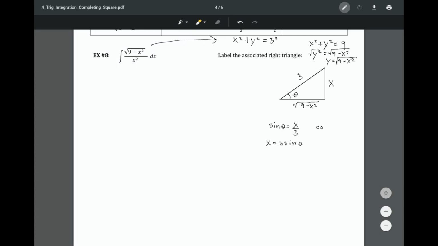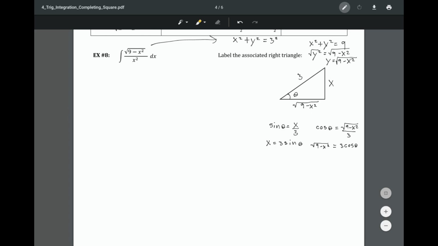The cosine of theta is equal to the adjacent over the hypotenuse. So if I multiply both sides times 3, the square root of 9 minus x squared is equal to 3 cosine theta.